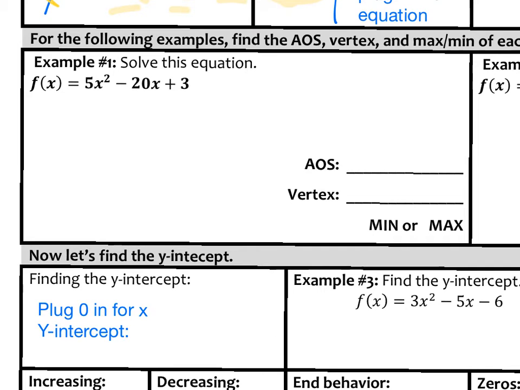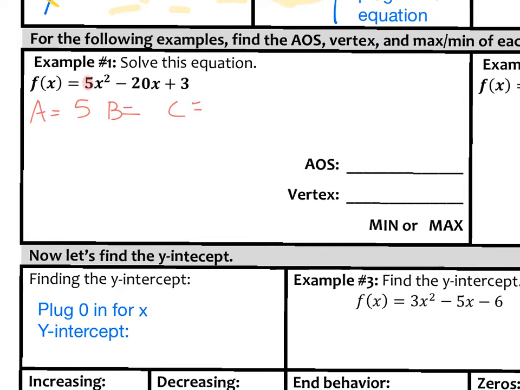Okay, so first things first, I know it might seem simple, but it'll be helpful. We want to list off what's our a, what's our b, and what's our c. It's just going to be the numbers attached, not including the letter. The a value attached to x squared is just 5.